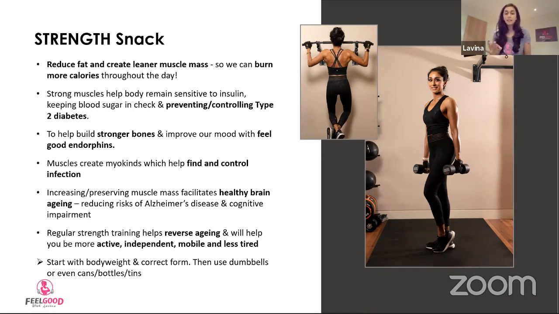It is excellent for, actually right now in coronavirus, strength training releases myokines, which help find and control potential infection in the body. And it's going to help get our bones stronger, so helping to prevent things like osteoporosis. It's great for Alzheimer's because you're really keeping your brain active, and it can really help reverse the aging process.